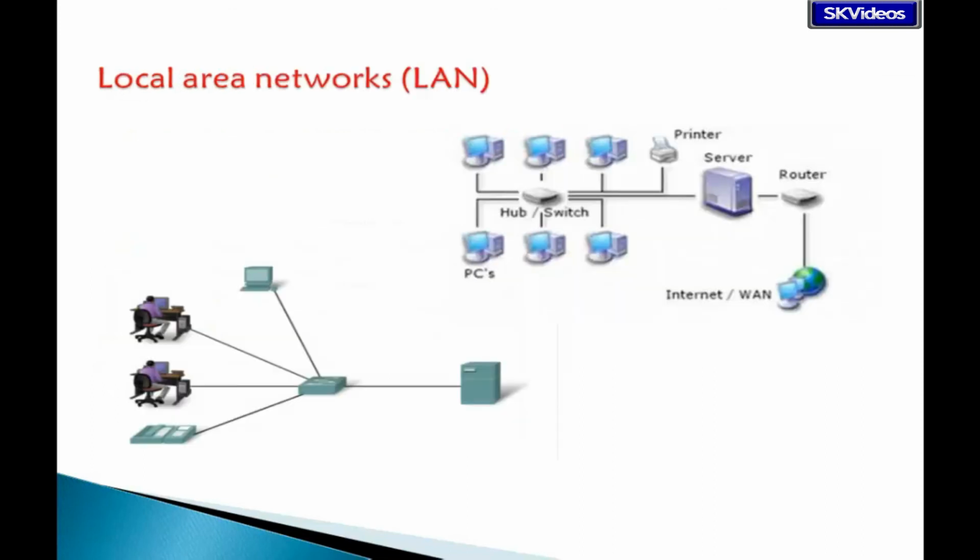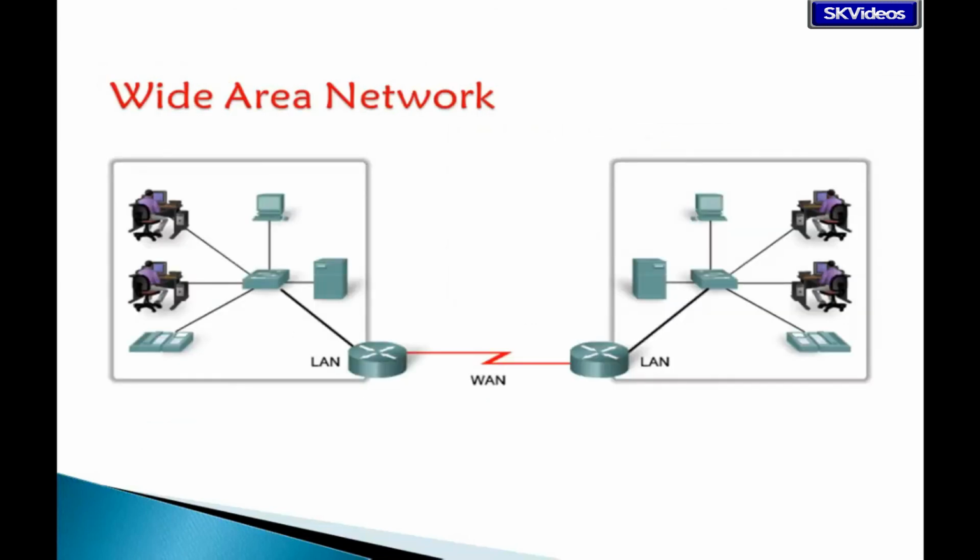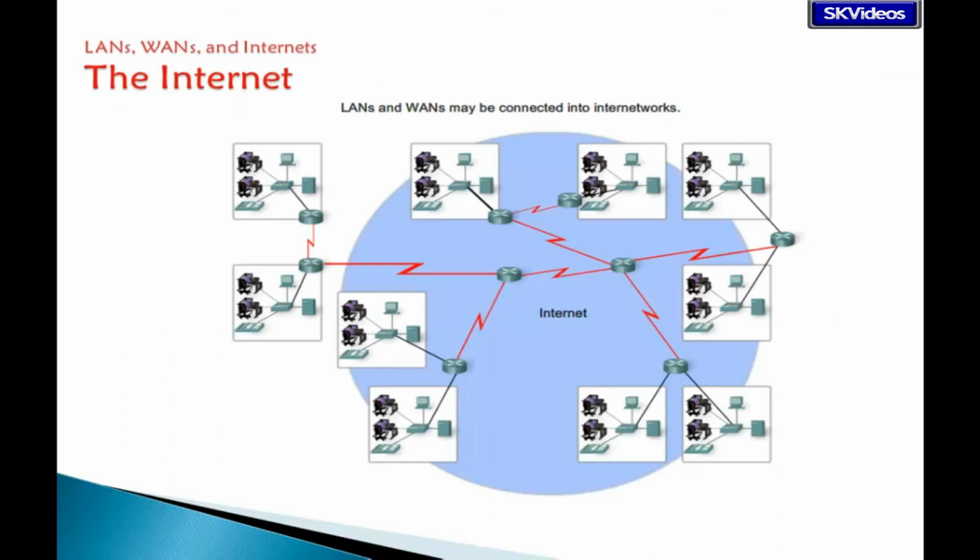We got different types of networks, like LAN, local area network, connecting the computers within the same geographical location, same building. And we got a wide area network connecting two or more different cities or different countries, where I got a branch office in different locations. And the internet is the biggest network, where normally every service provider, everyone is connected to one big network, and we call it the internet.